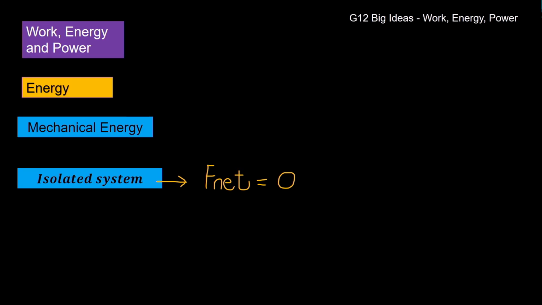So mechanical energy and understanding mechanical energy is key to understanding the vocabulary, the words that are used in questions. So mechanical energy is referring to kinetic energy, and it's referring to potential energy. Now, kinetic energy and potential energy are related.